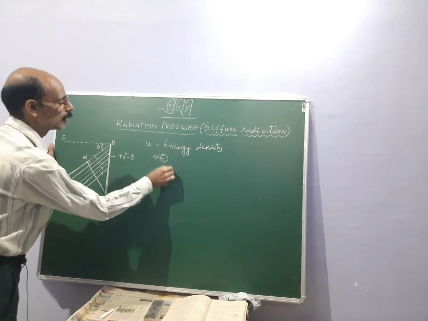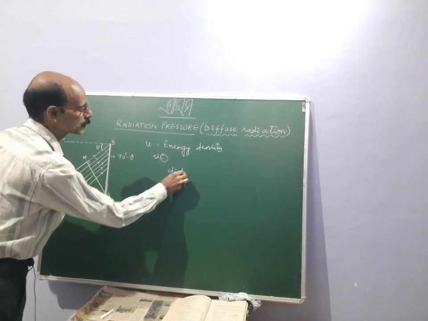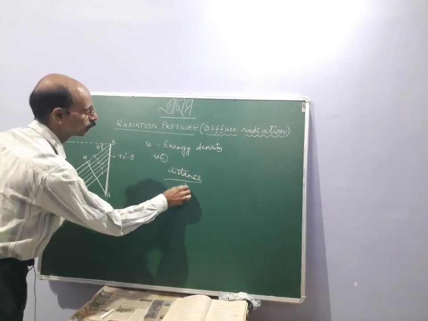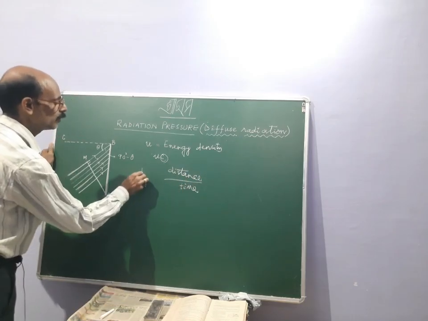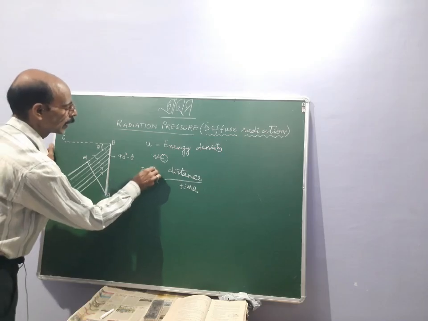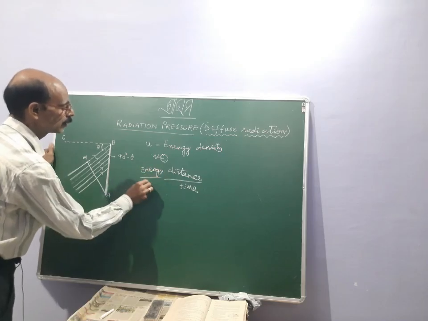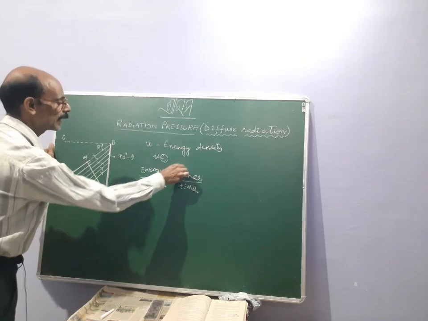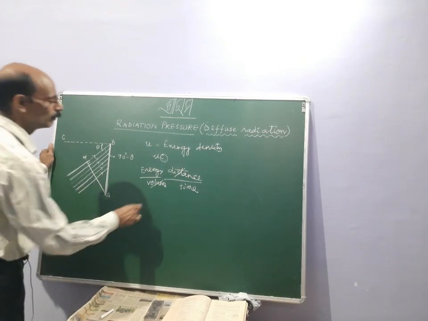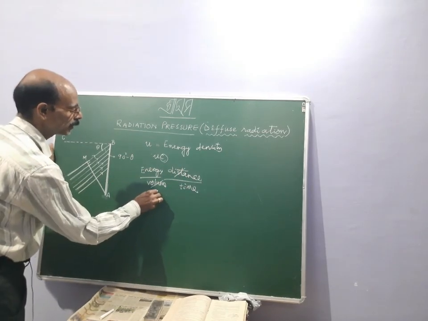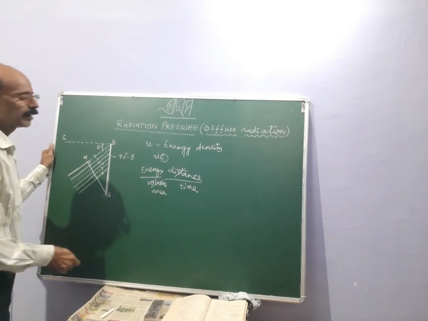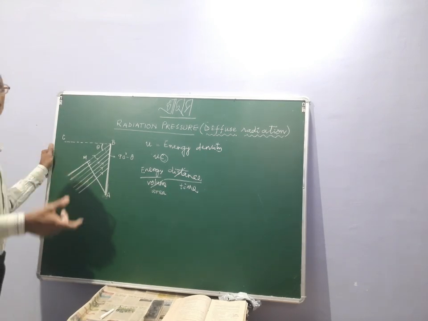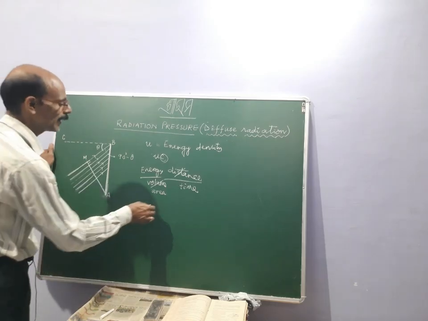It is distance per time, and U is energy per volume. If we cancel the distance traveled with volume, then we will obtain here area. Volume means area into the linear dimension, length.